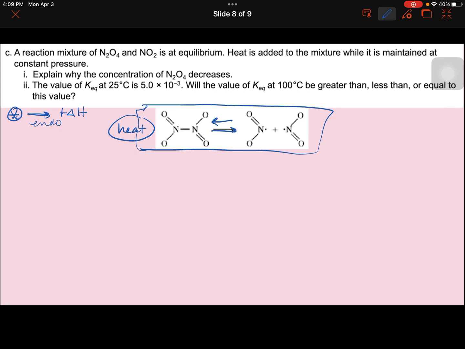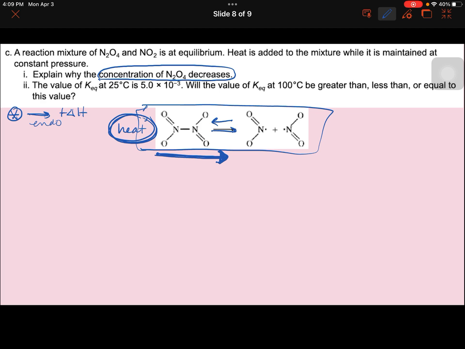So if we've established from earlier that this is an endothermic process in the forward direction, heating it up drives that endothermic process further. So in terms of Le Chatelier's principle and shifting, that's going to favor the forward reaction. The forward reaction results in a decrease in the concentration of the N2O4 reactant.